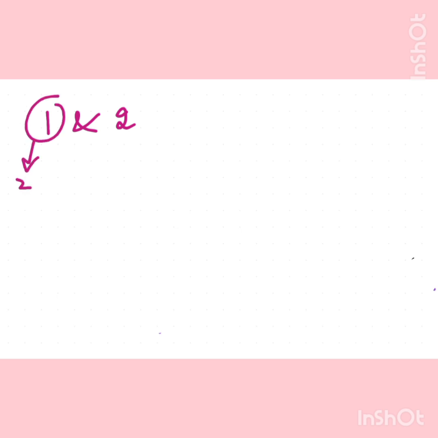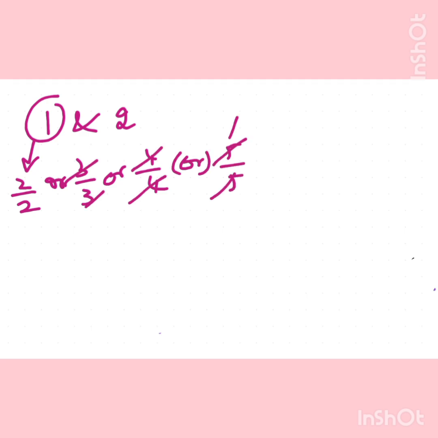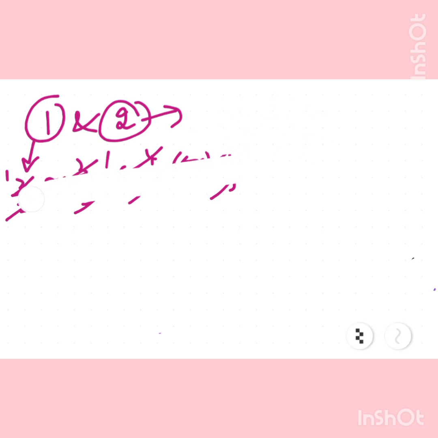1 can be written as 2 by 2 or 3 by 3 or 4 by 4 or 5 by 5. Likewise, if the numerator and denominator are both the same, then it would get cancelled to give the value 1. And 2 can be written as 4 by 2, 6 upon 3, which could be cancelled to get the value 2.